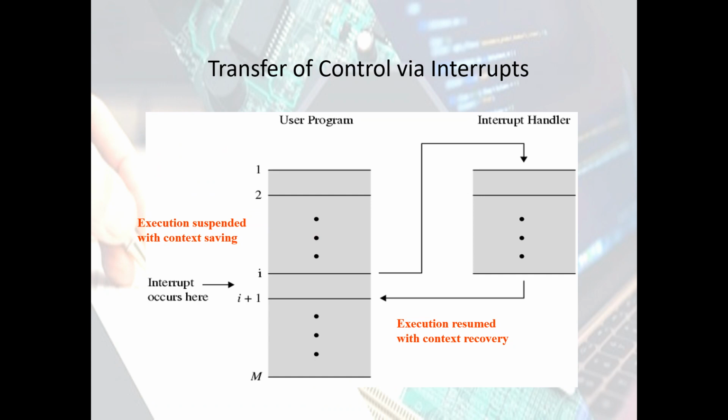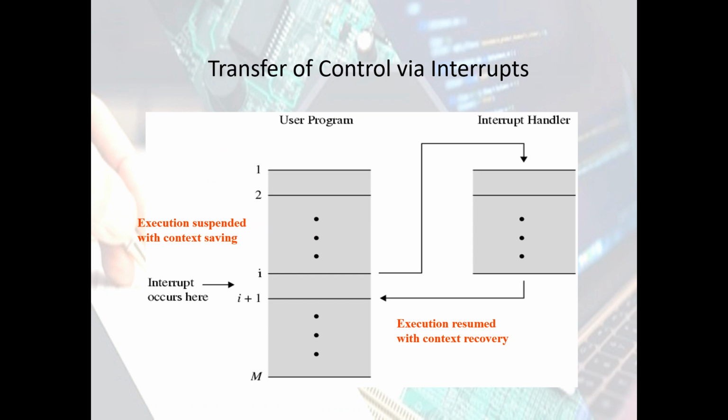Transfer of control via interrupts refers to the process in which the normal execution flow of a program is temporarily halted, and the control is transferred to a specific routine or handler to address a particular event. In simpler terms, when an interrupt occurs, triggered by an external event like a hardware signal or software-generated event, the program temporarily stops its current activities.